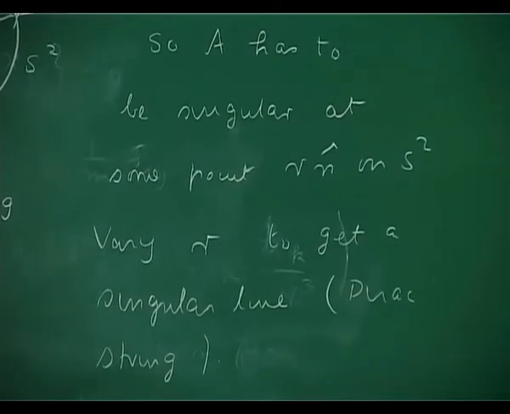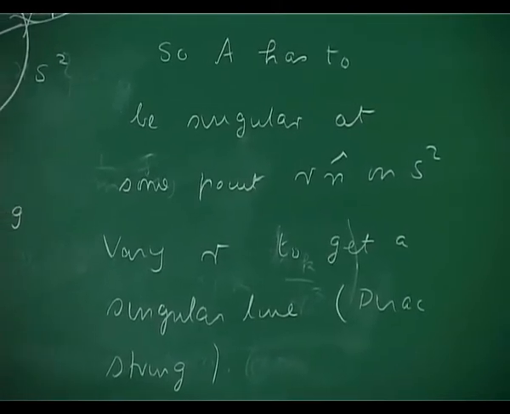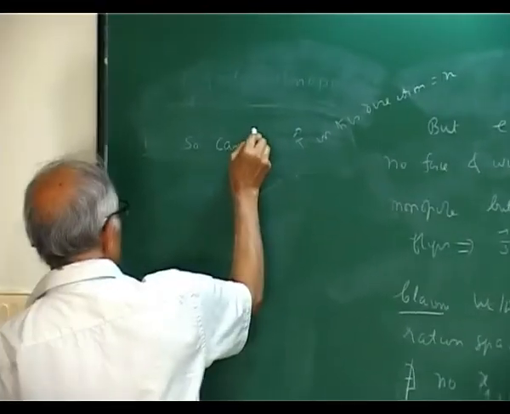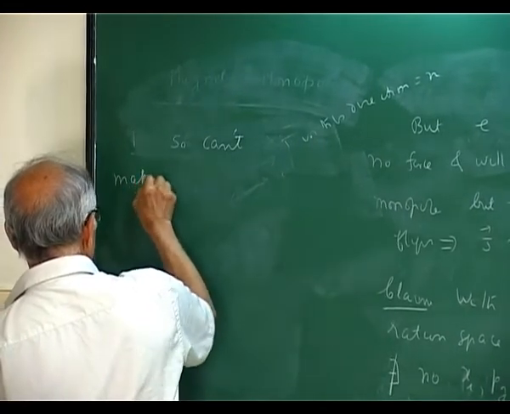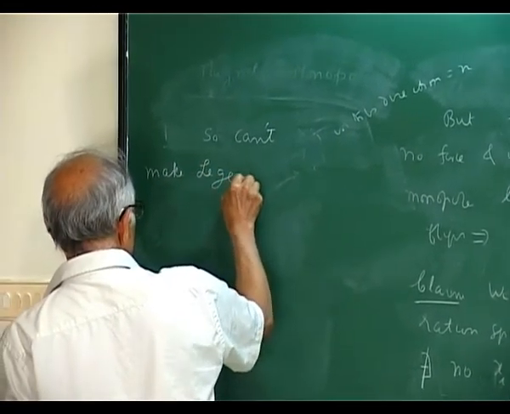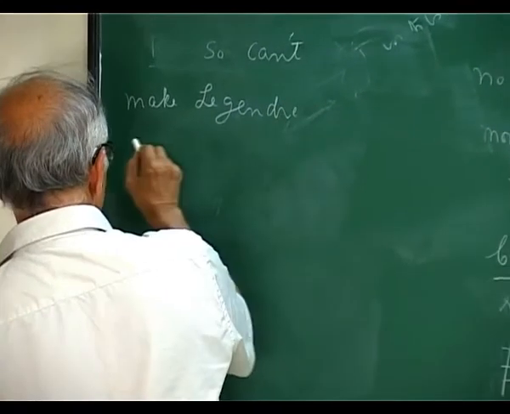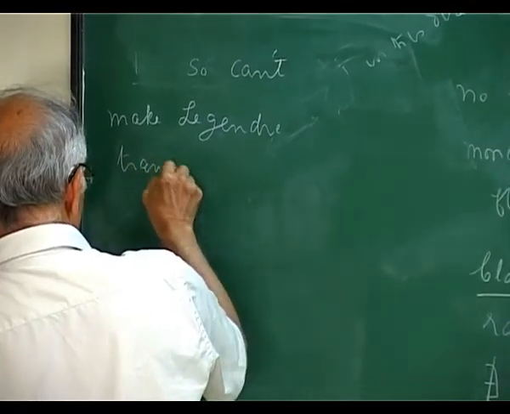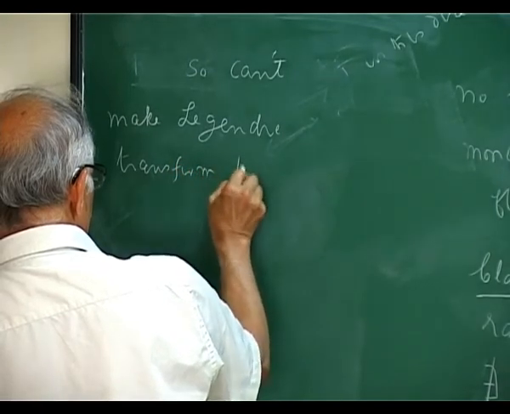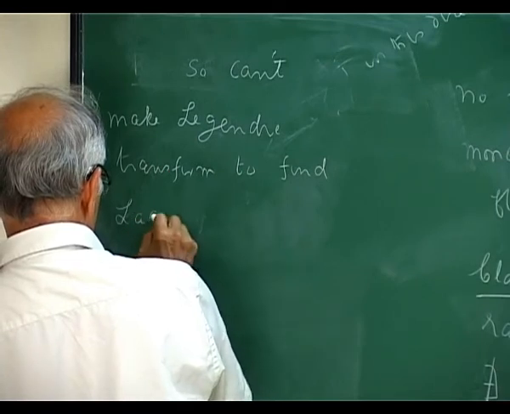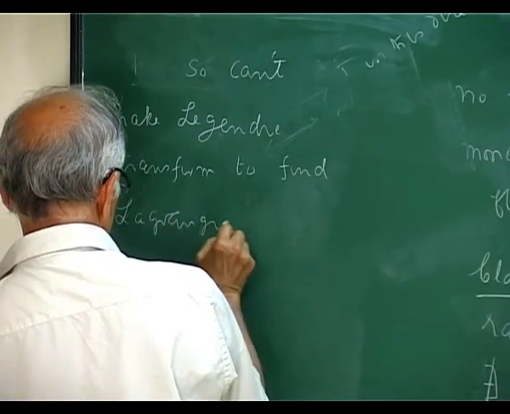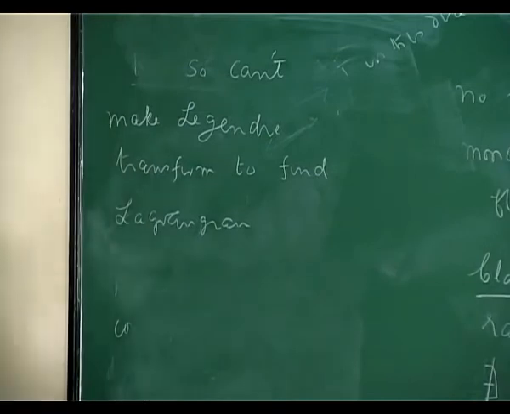Okay. So to the Lagrangian. So we can't make the Legendre transform to find the Lagrangian. Okay. So what to do?